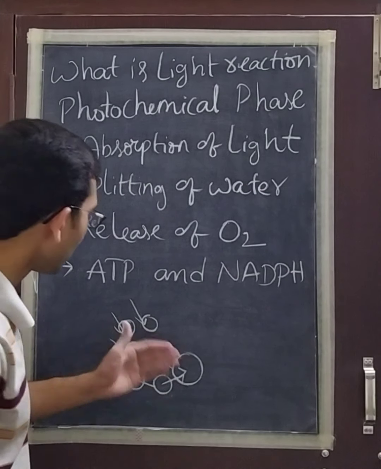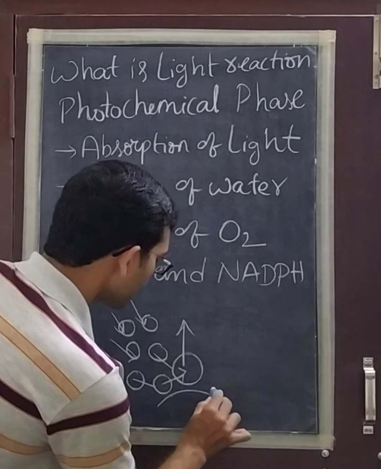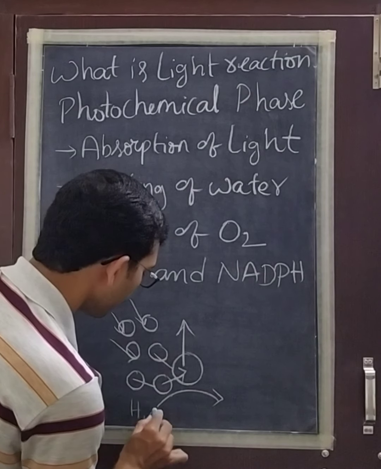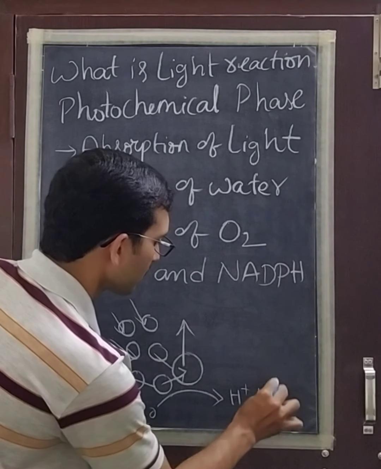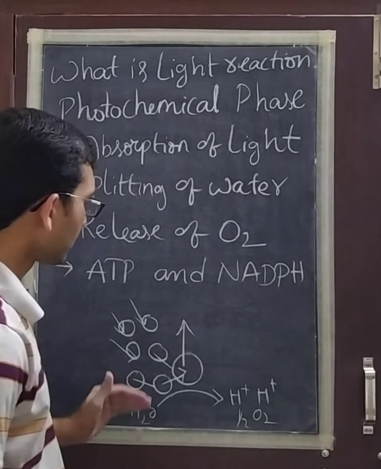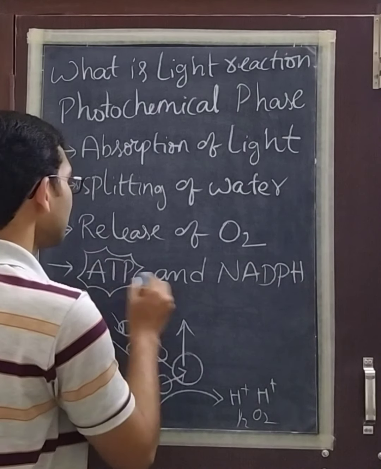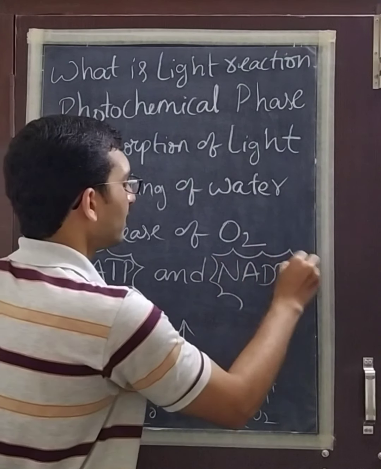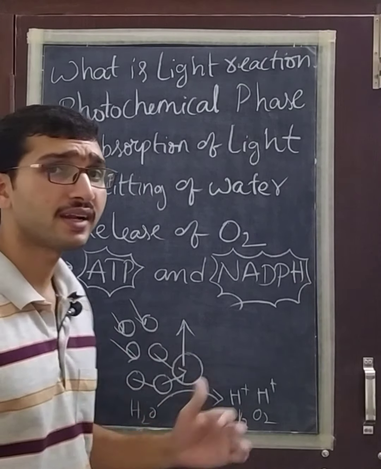And this energy is utilized in the splitting of water molecule. That is, water is split into 2 H plus ions and half oxygen molecule. And this is also used for the preparation of intermediate, that is ATP and NADPH. So this is how we are utilizing the light energy.